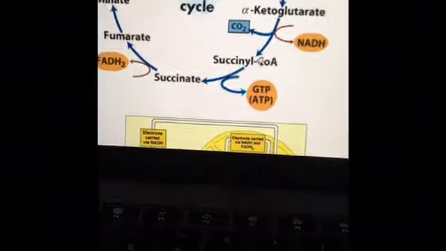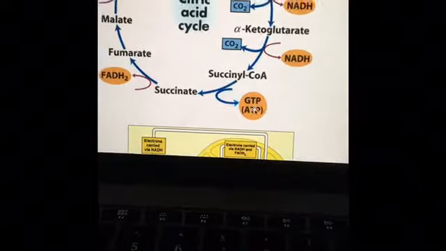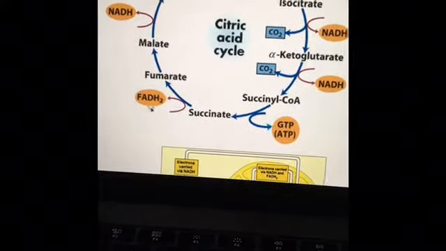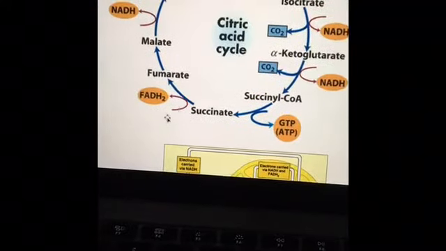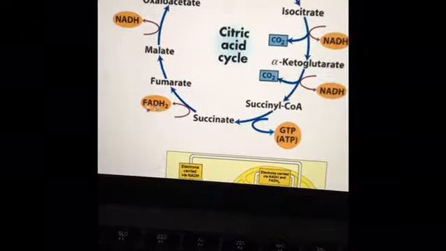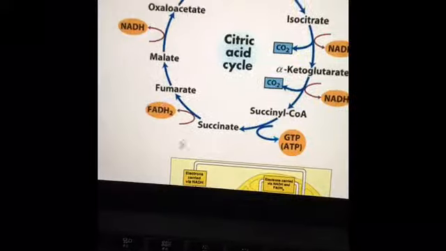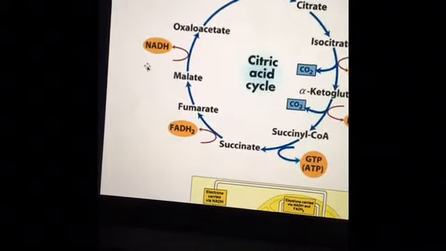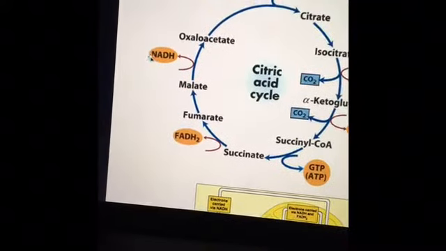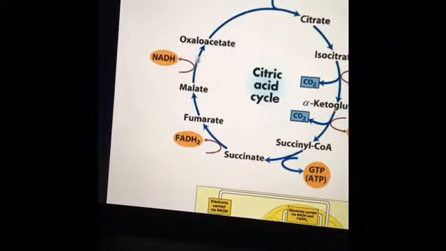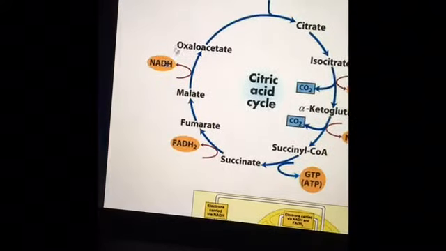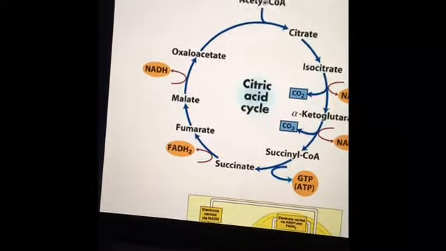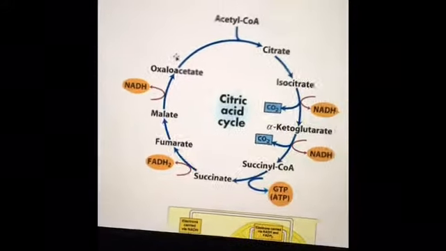Then we get to this third intermediate, and we get ATP, and then it goes again, and NAD plus is used in this intermediate to get NADH, and you get two of those, and then we go again, and we use phosphorylation again to get NADH, and then we get another molecule of oxaloacetate, and this is used again in the Krebs cycle for acetyl-CoA.